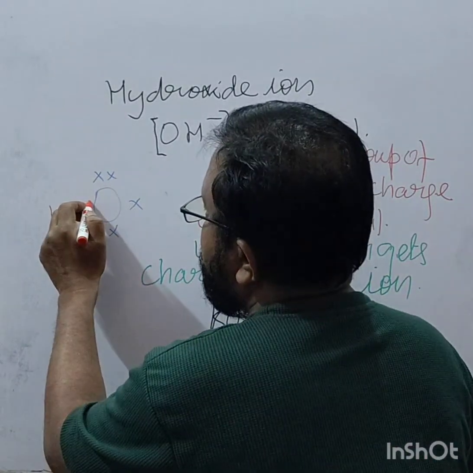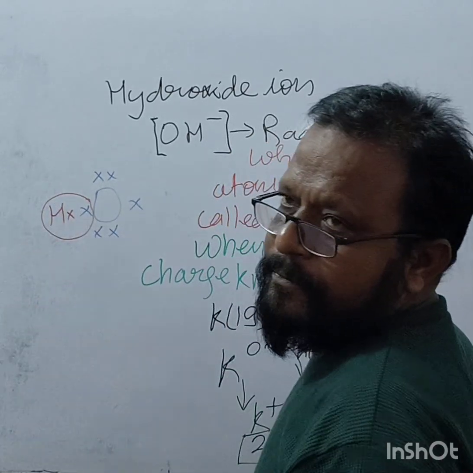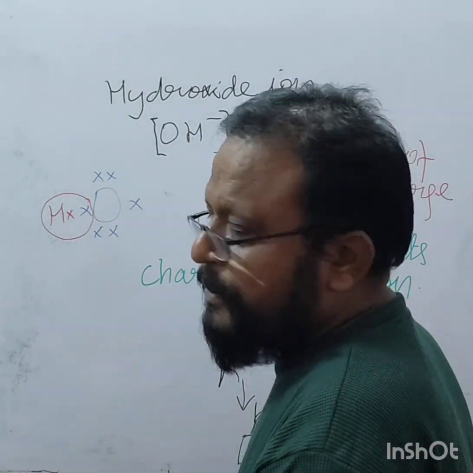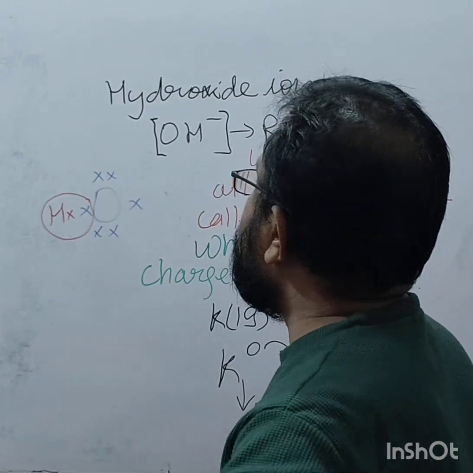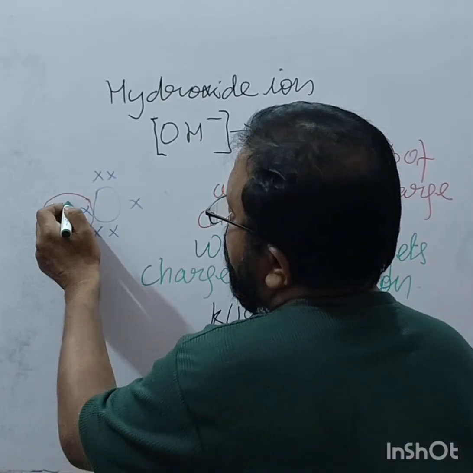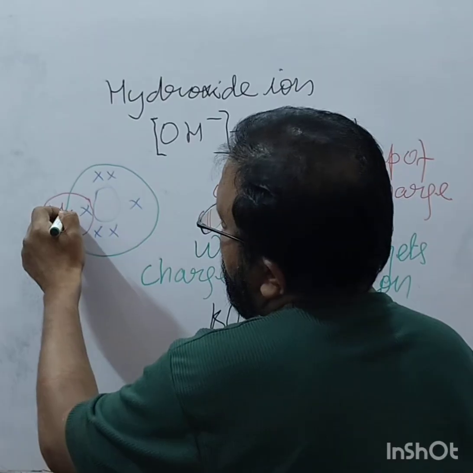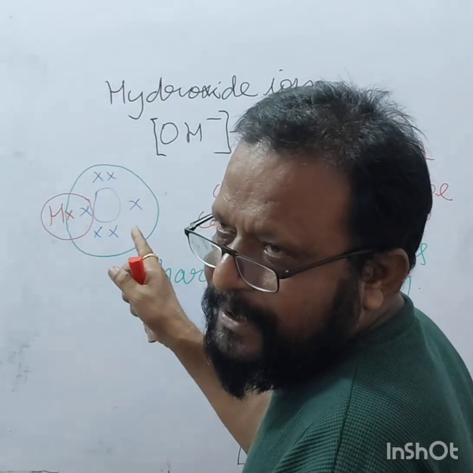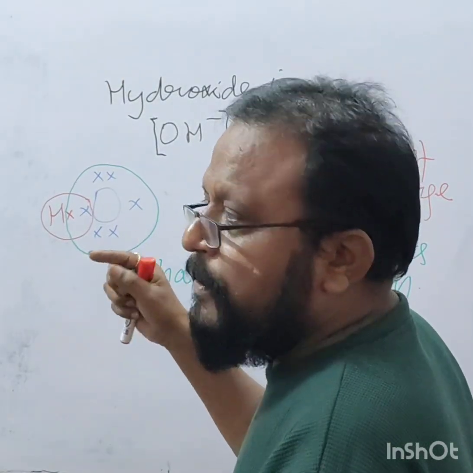So this hydrogen atom shares 1 electron and gets the stable condition. And the oxygen atom takes 1 electron from this hydrogen atom and still it has 1 electron less, right? Deficiency of 1 electron.